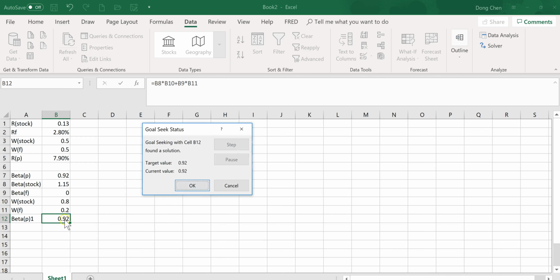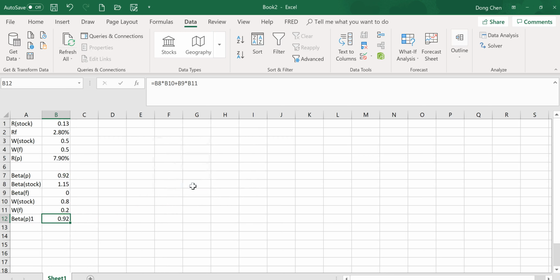So you see that Excel automatically figured out that only when the weight on the stock is 80%, hence the weight on the risk-free asset is 20%, will the portfolio beta be 0.92, which is exactly equal to this number.